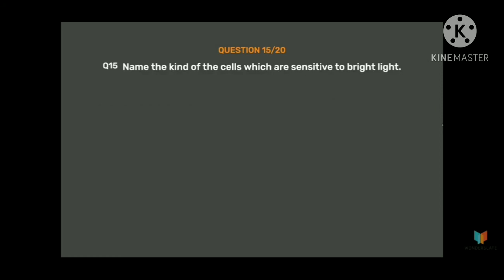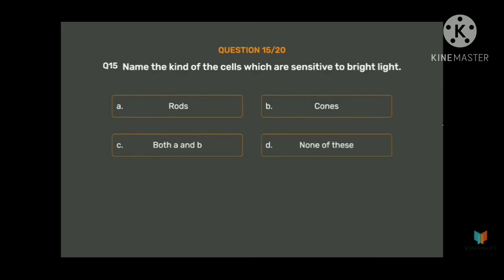Question number 15. Name the kind of the cells which are sensitive to bright light. Option A, rods. Option B, cones. Option C, both A and B. Option D, none of these. The correct answer is option B, cones.